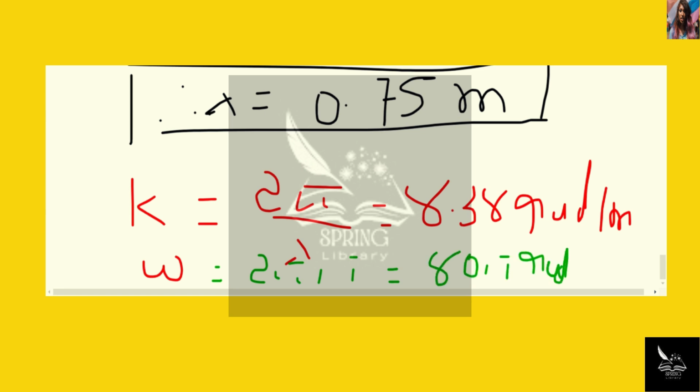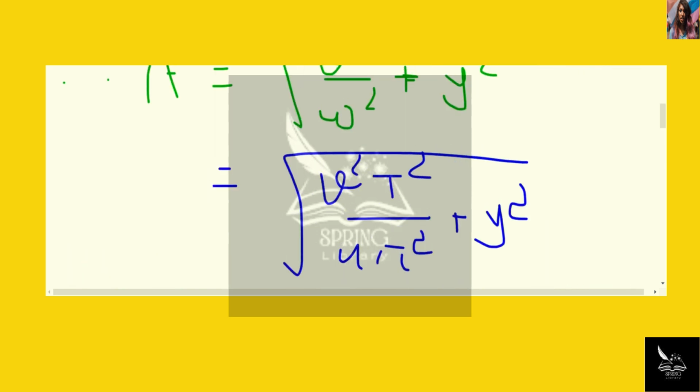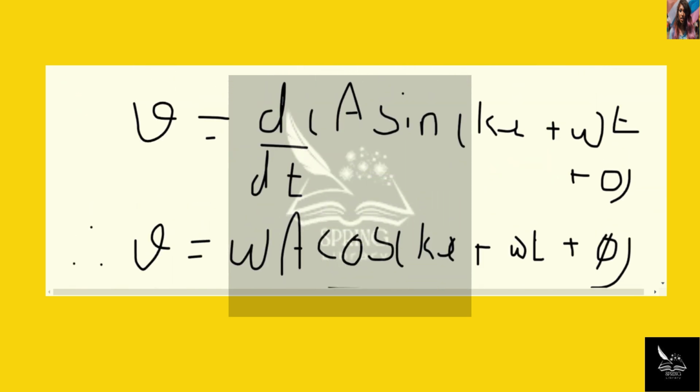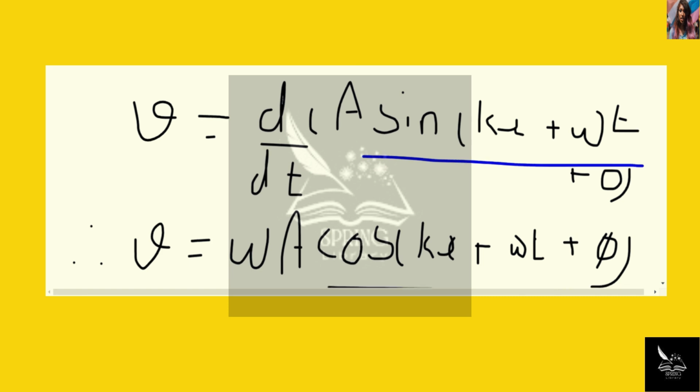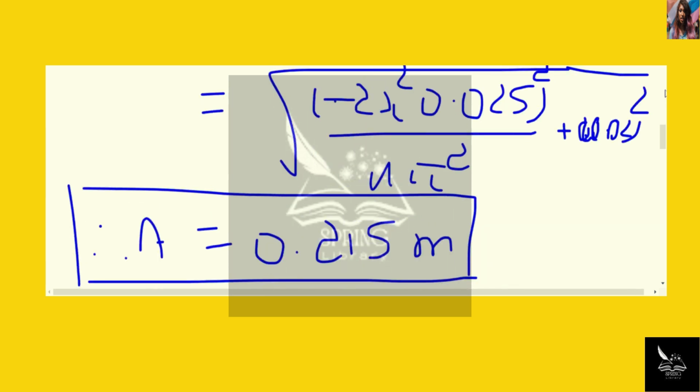Now we are going to substitute all these A, k, omega, phi values in the wave function equation. So in general, we will have our equation again, which we have already written over here.